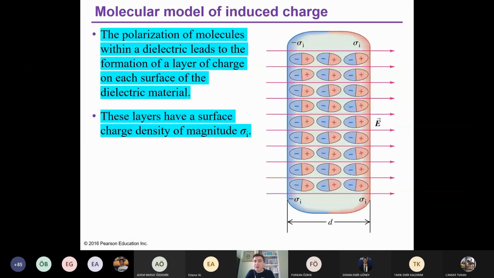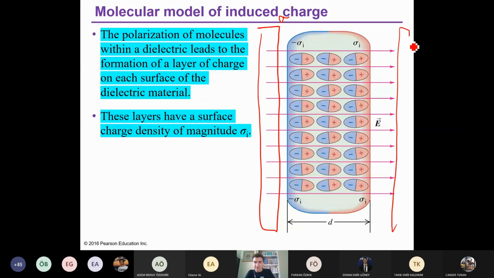Then we have this type of behavior. Here we have a capacitor plate. This is positively charged, and on the right side another capacitor plate. This is negatively charged, and positive charges are aligned here at the negative side, and negative charges are located here close to the positive side.